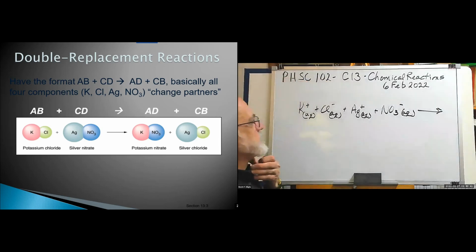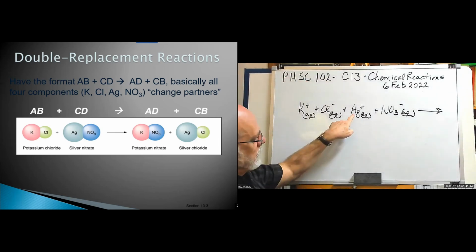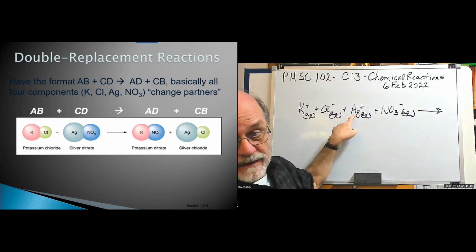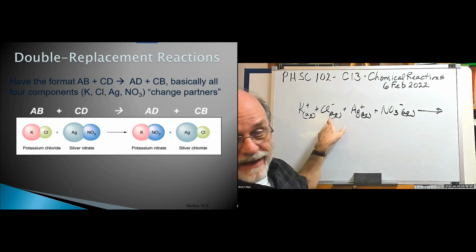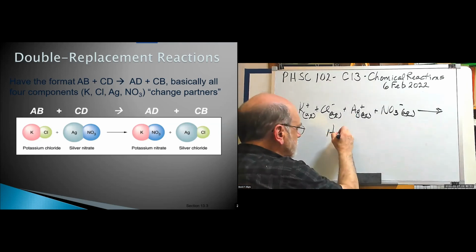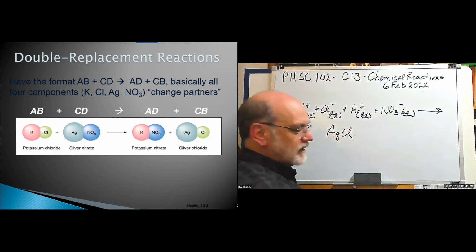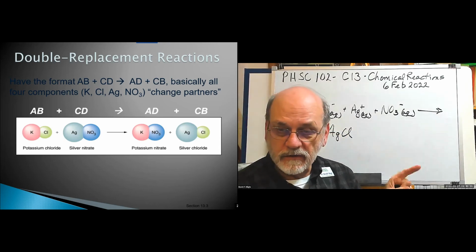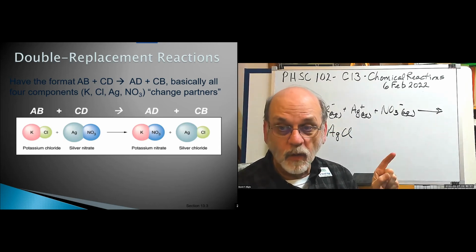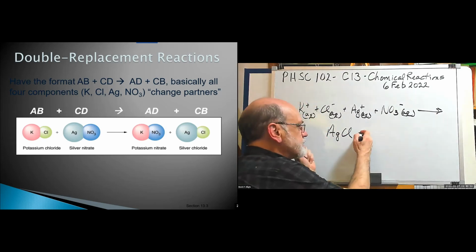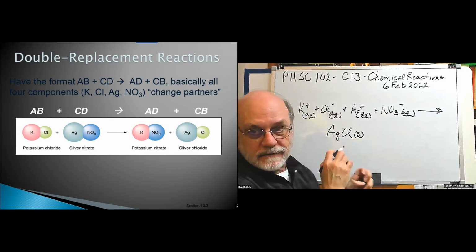So what happens? Well, this cation combines with this anion to produce silver chloride, but as it turns out, silver chloride is not soluble in water. It produces a solid.